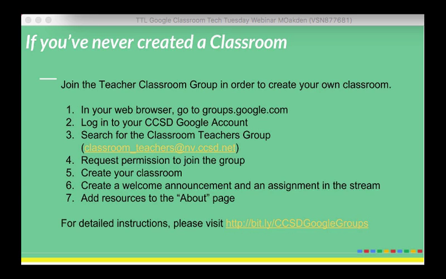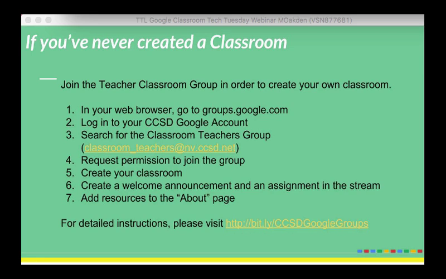So you'll have to go to groups.google.com, log into your account, and you'll be adding yourself to this Classroom Teachers group. If you follow the directions that are in here, it will get you all set so that you'll be able to create your own classes.